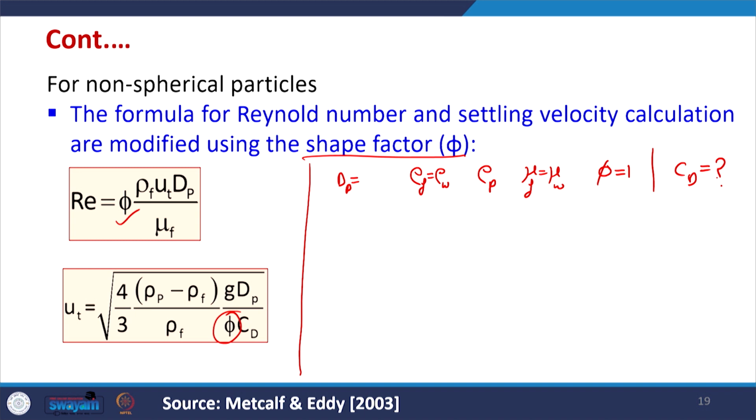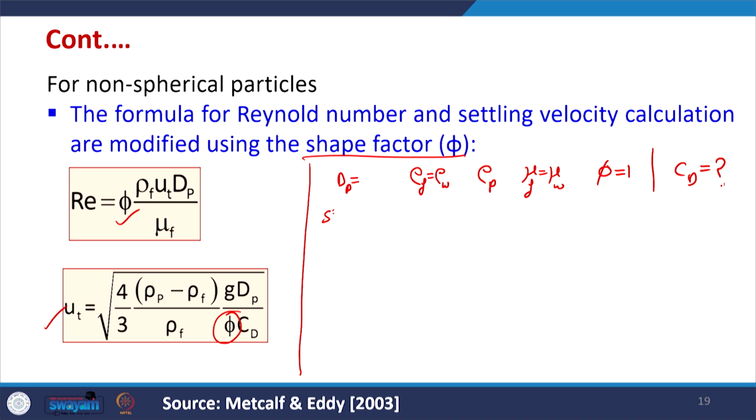We do not know, and until we know the Cd value, we cannot find out the terminal velocity. So, what is done is that we consider that the settling is happening in the laminar region.